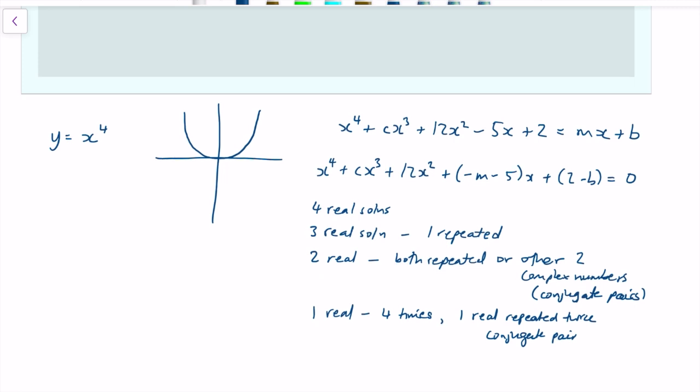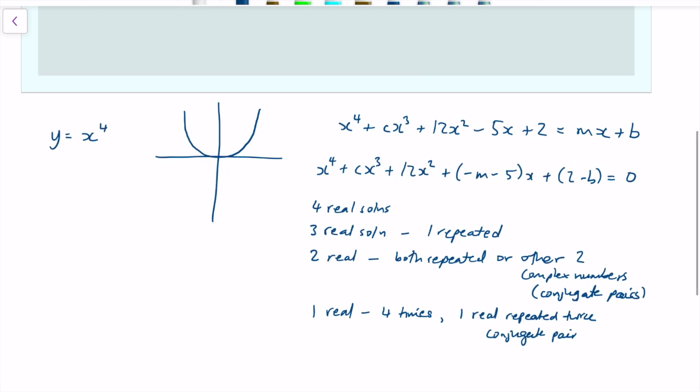Loosely speaking, complex numbers, NCA refers to them as numbers with a real part and an imaginary part, but you could also have no real roots, and it's 2 conjugate pairs. So there are so many different scenarios here, and I just wanted to go straight into the discriminant, but of course the discriminant only works for a quadratic equation.